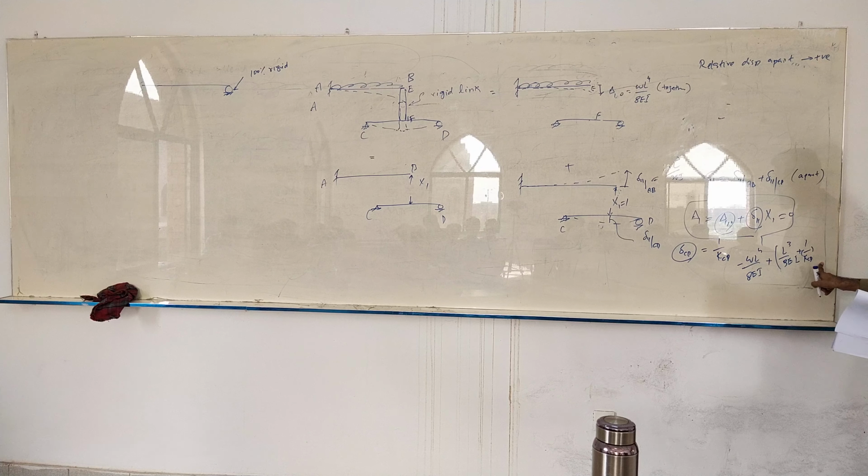Or just rearrange this: X is minus delta 1 naught over delta 1 1. And delta 1 1 is L cube over 3 EI plus either the flexibility of this beam or 1 over KCD.